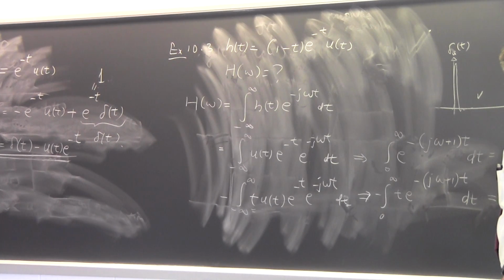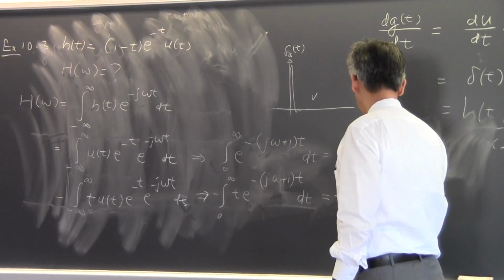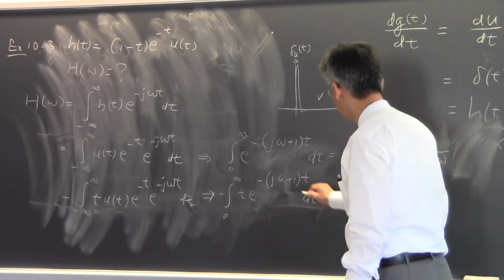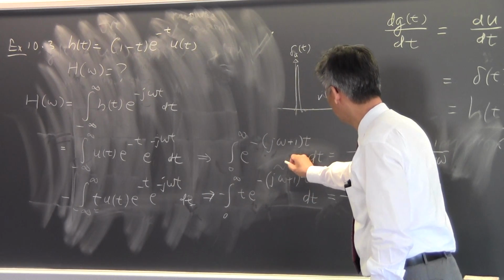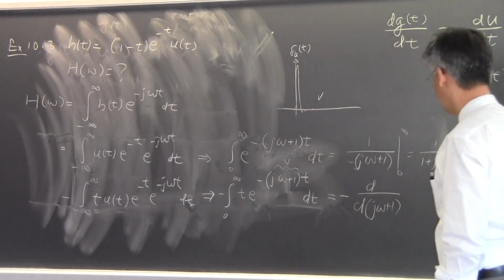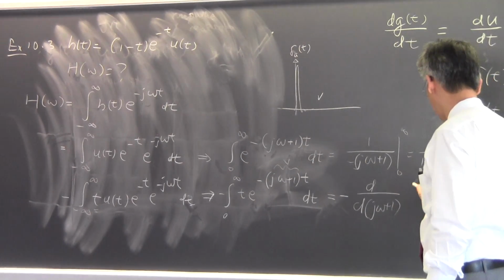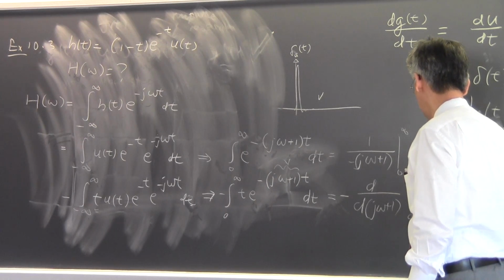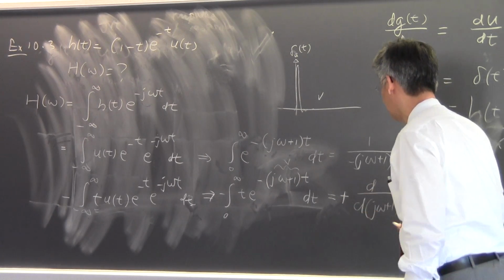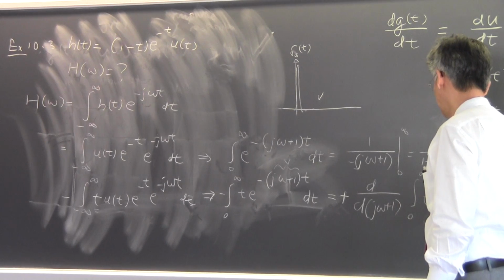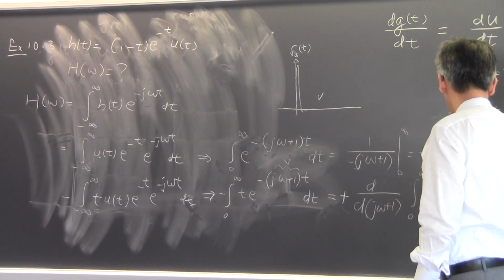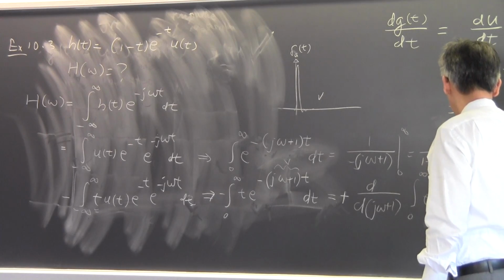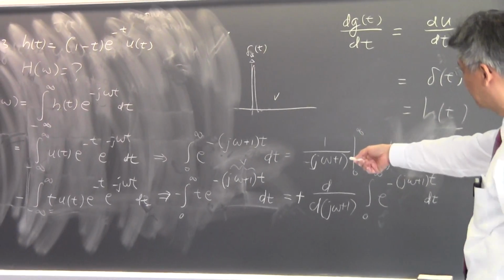Aditya is suggesting this. Why do we say that this is equal to minus the derivative with respect to (j omega plus 1)? If I treat this as one variable, say u or maybe v, and then differentiate with respect to that variable, then you actually get something like this with a plus sign, e to the minus (j omega plus 1) t dt.